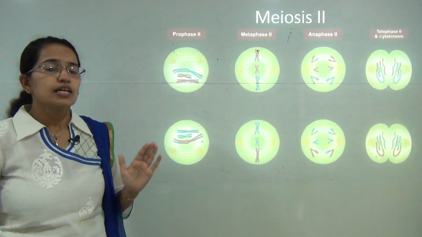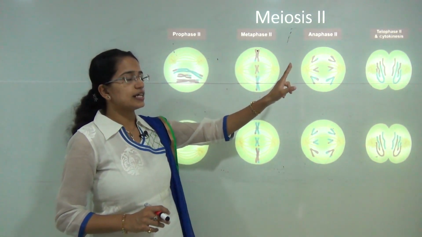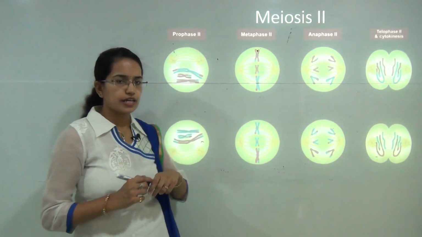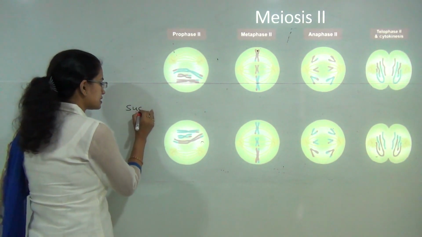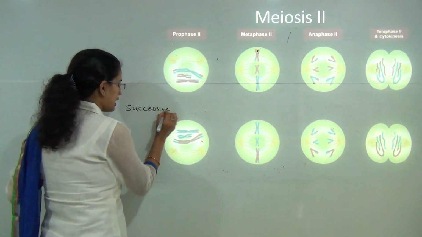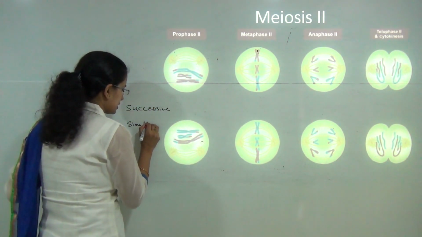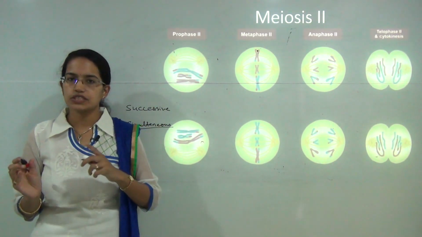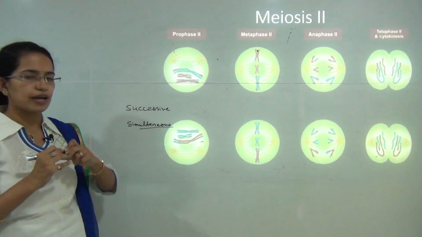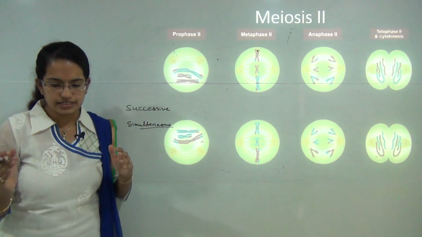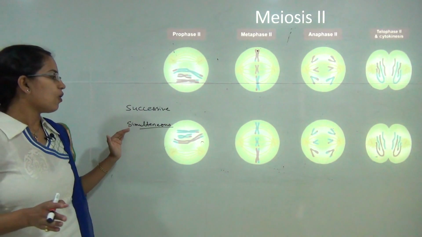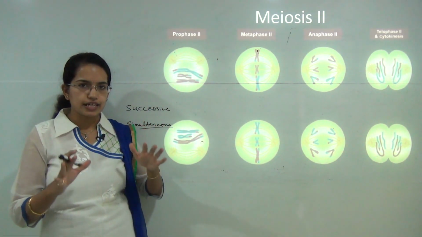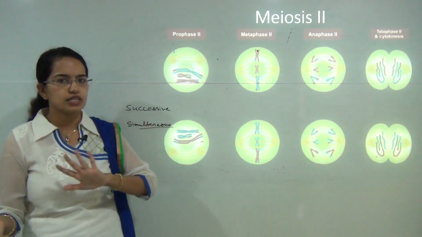Now what is the difference under cytokinesis in meiosis 2? In meiosis 2 there can be 2 types of cytokinesis. One could be successive and the other could be simultaneous. So these are the 2 methods of cytokinesis, or division of cytoplasm, that could be seen under meiosis 2. When I say it is simultaneous, that means all the cytoplasm formation takes place towards the end of both the stages.